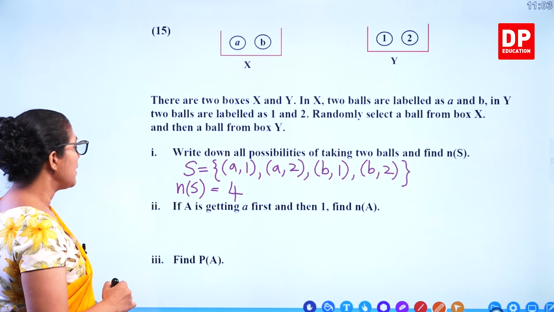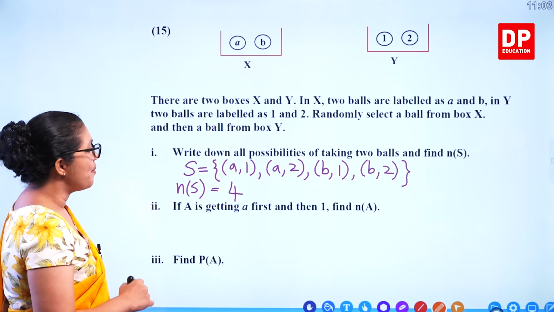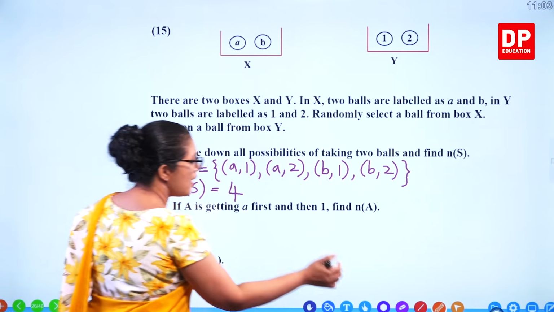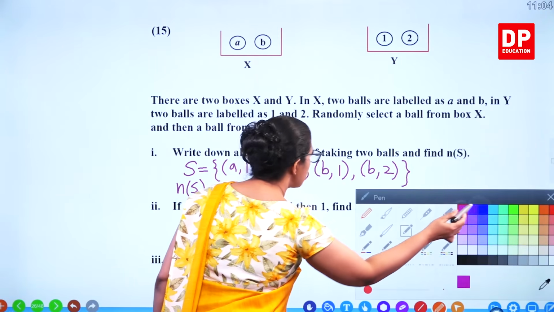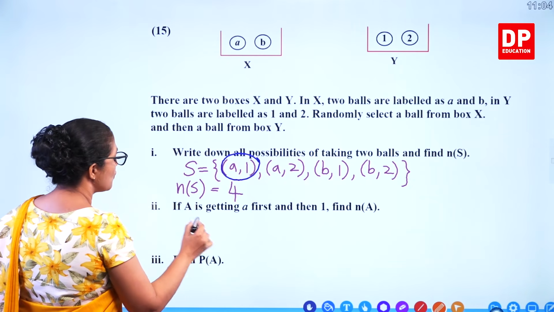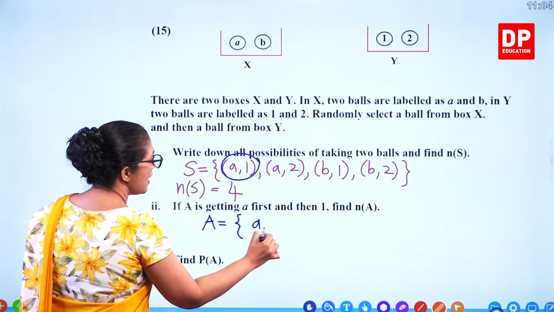If A is getting A first and then 1. A first and then 1. So that means this possibility. So A is just one possibility, that A and 1.